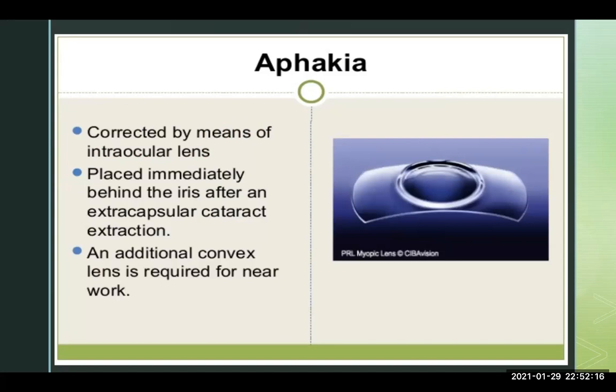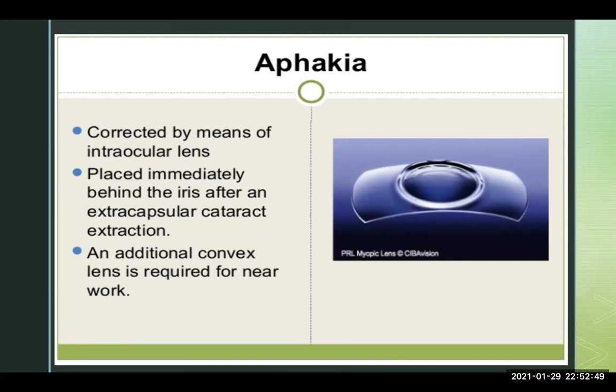Aphakia is corrected by means of an intraocular lens, but especially in babies or infants who have undergone congenital cataract surgery with just lensectomy, without implantation of the IOL, they may be corrected with contact lenses or spectacle lenses, the thick glasses, to correct this large degree of hyperopia.